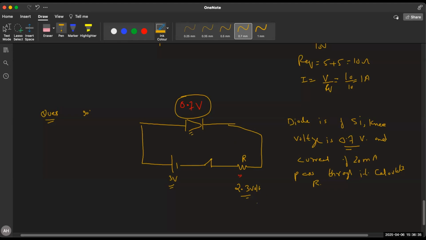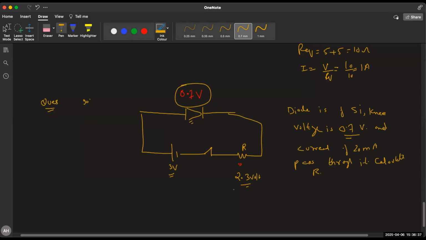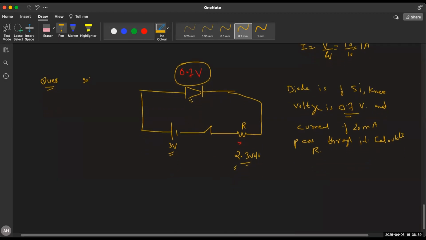Yes, sir. So now you know the voltage across the resistor and you know the current passing through it. The resistor and diode both are in series. That means the same current will pass through them. The current passing through the circuit is 20 milliampere. So current through the resistor is 20 milliampere, which is 20 into 10 to the power minus 3 ampere.